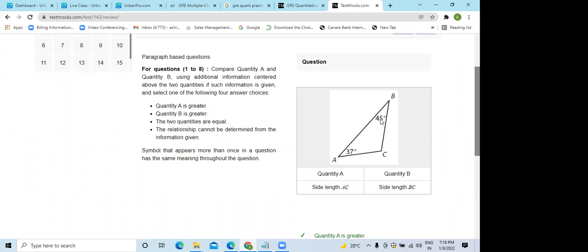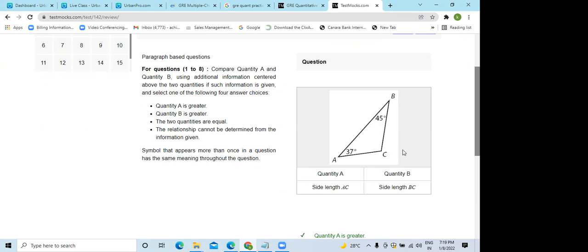It's a simple logic. The side opposite to 45 will be greater, or the side opposite to 37 will be greater? 45. I hope you understand this property in triangles, right? Got it? Very simple. So they're testing you on a very simple concept.